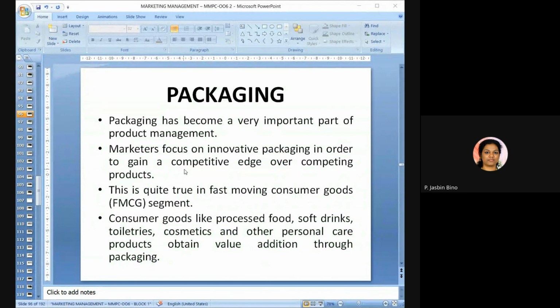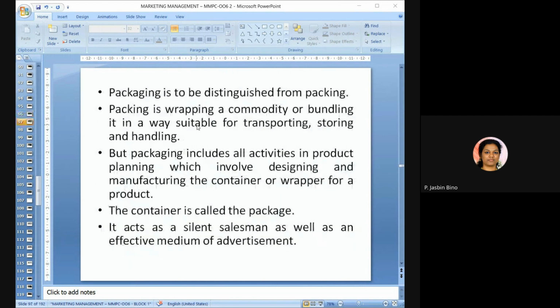In product management, packaging is a very important part. Marketers normally focus on innovative packaging in order to gain a competitive edge over competing products. This is quite true in the fast moving consumer goods segment, like processed food, soft drinks, cosmetics, and other personal care products. They can improve the value of the product through packaging.